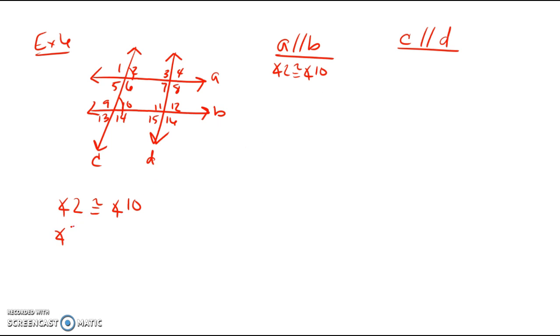Next one, angle 3 congruent to angle 6. So again, I'm going to circle these. Angle 3, angle 6. So when I'm looking at these, I notice that they are not on the same side of a transversal.